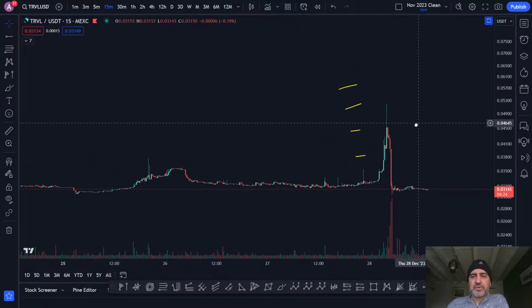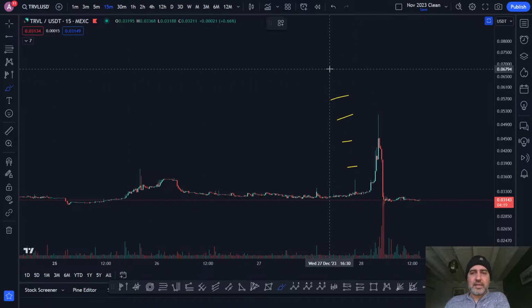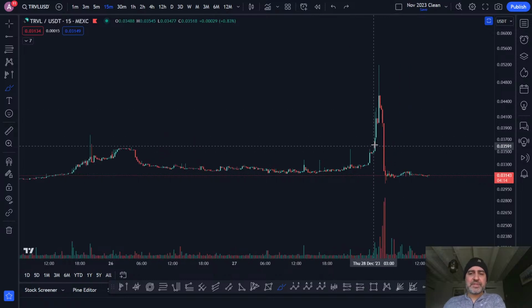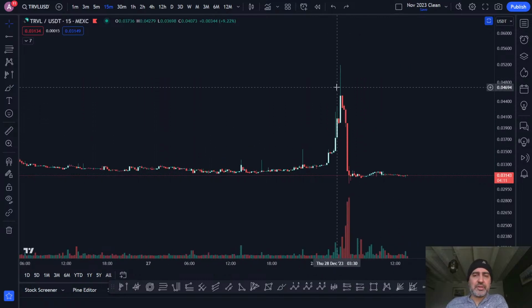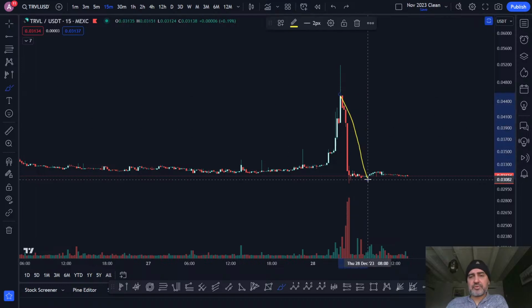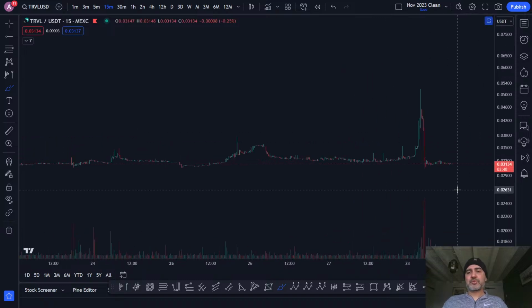Not only does that create liquidity so that when someone wants to buy a large position the price doesn't go up so fast, it goes up a little bit slower, which is what we want. But it also means that if you do get these price reversals, you have some cheddar to buy more TRVL at the dips, and that's not a bad strategy to have.